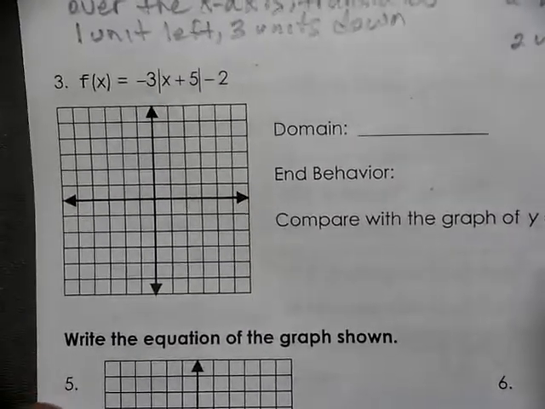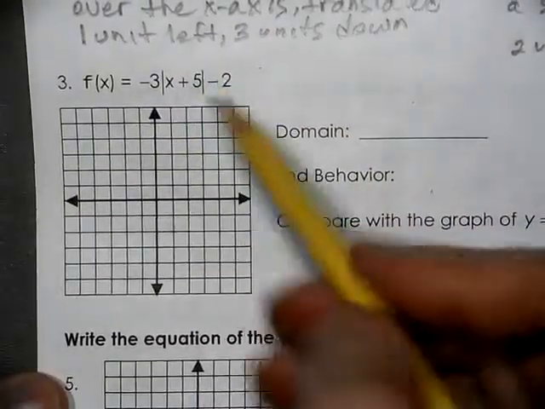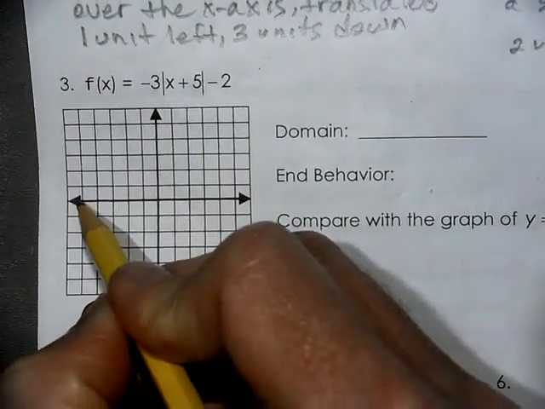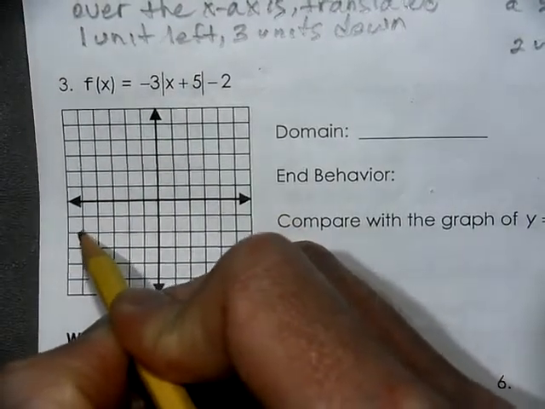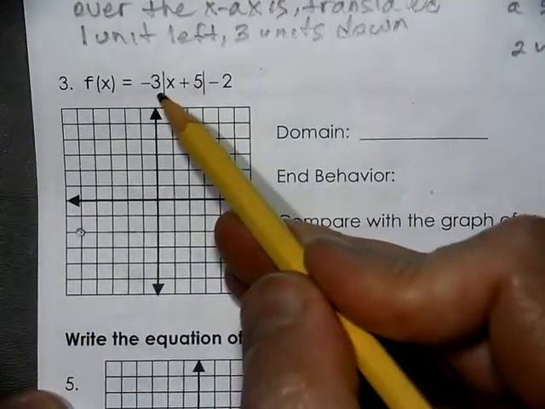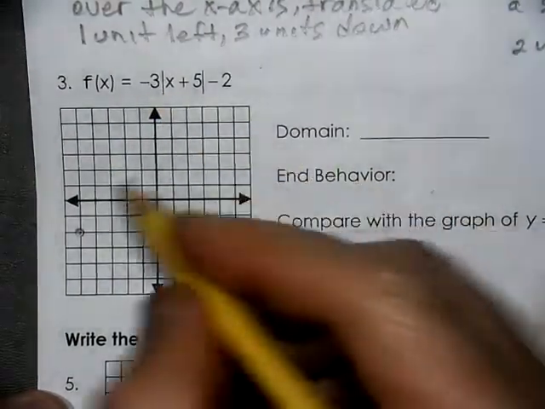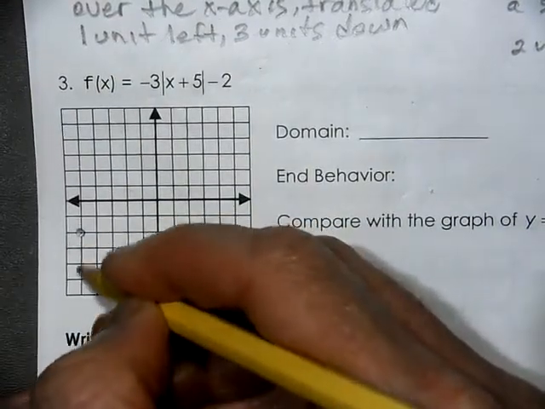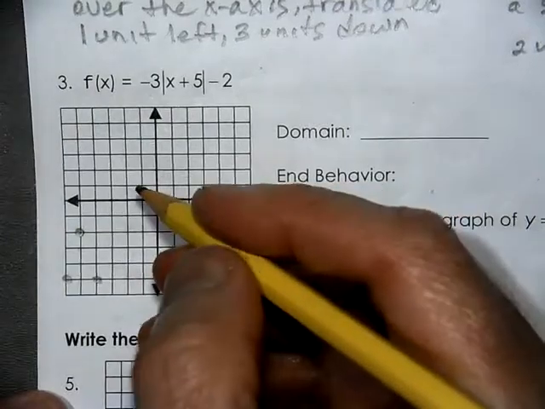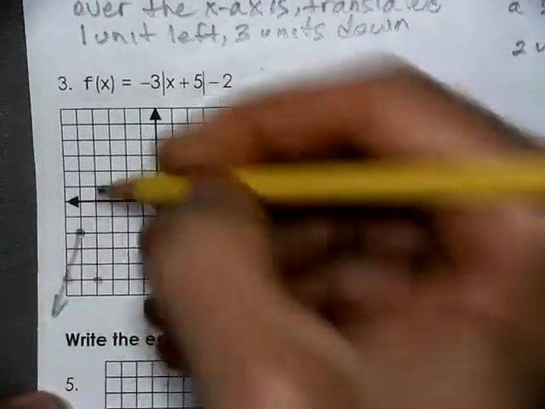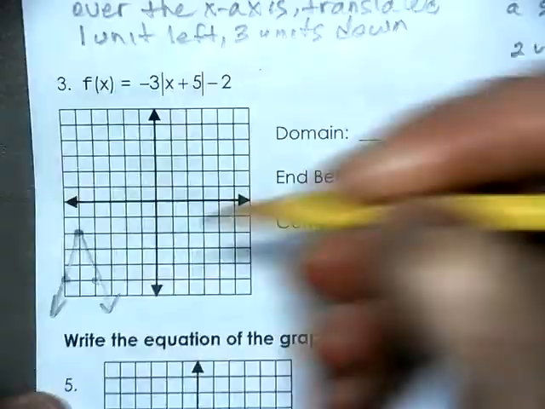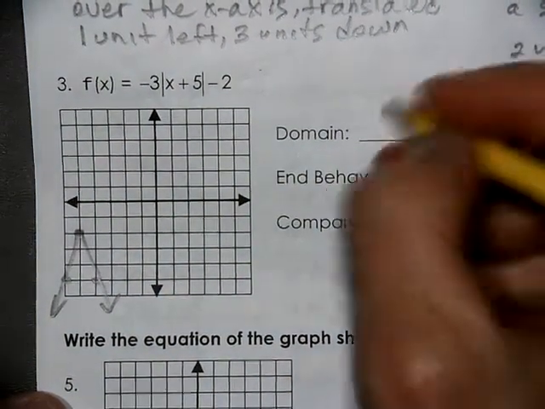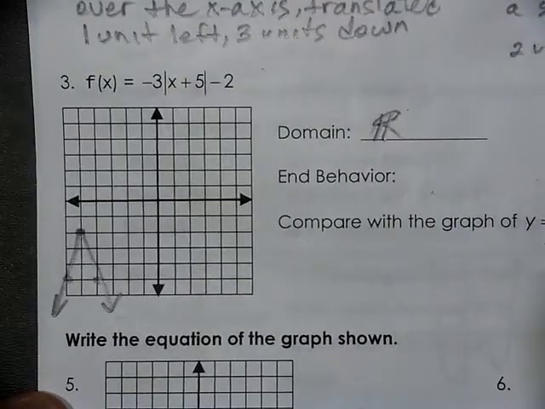Okay, another way that we've talked about graphing absolute values, we can use the vertex, which says that we can go 5 to the left and 2 down. And we would use our slope to the right of -3. So our domain is all real numbers.